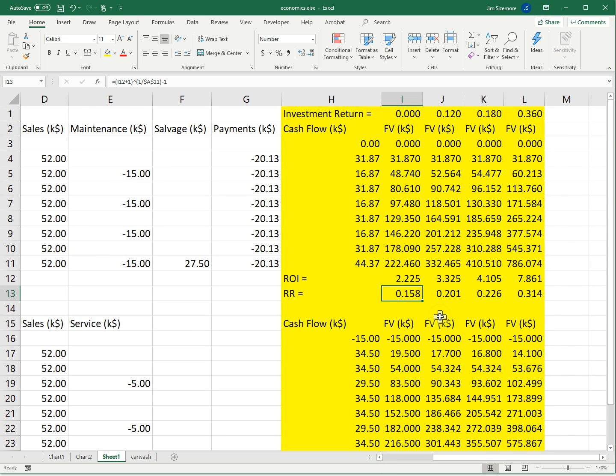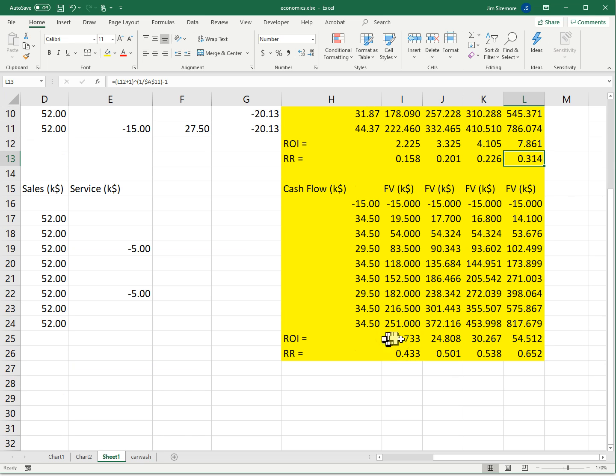So the rate of return is poorer than what your investments do. But if you lease, the rate of return is higher. Remember, this is for 0%, 12% investment return, 24% investment return, 36% investment return.